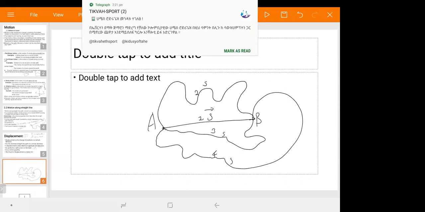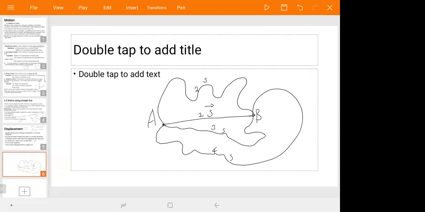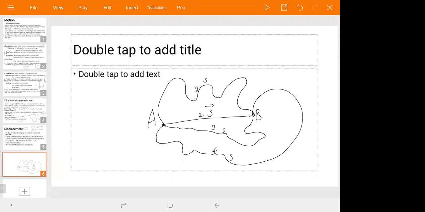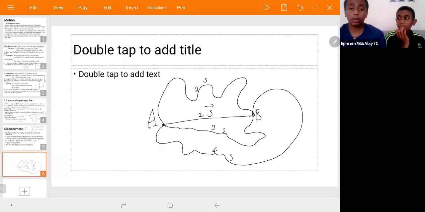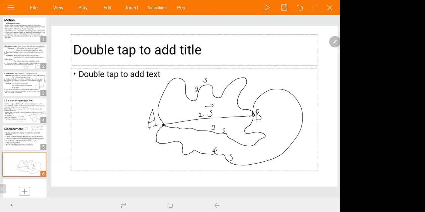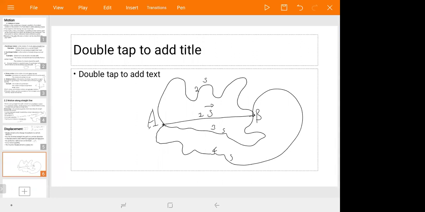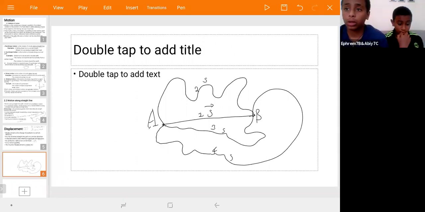If you have any question, you are welcome. Yes, Sir, he has a question. What is the difference between rotary motion and curvilinear motion?